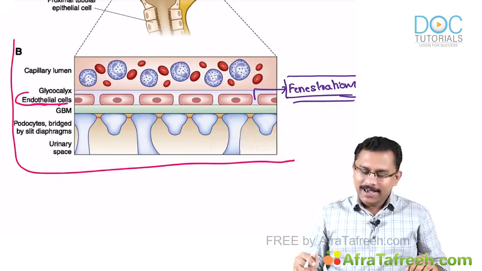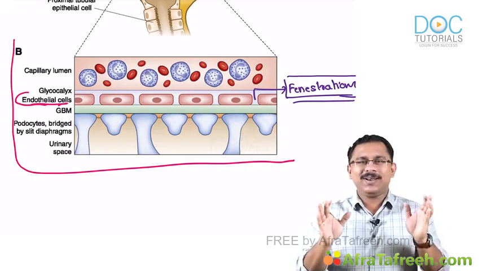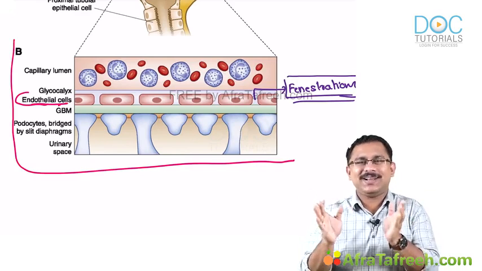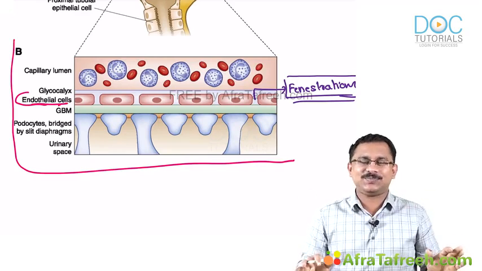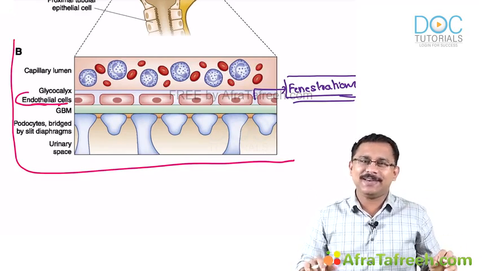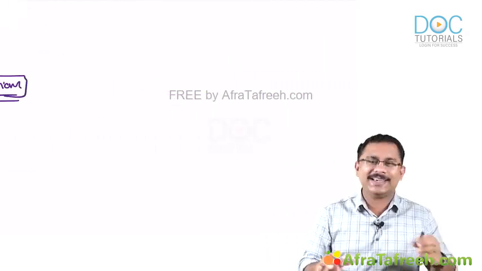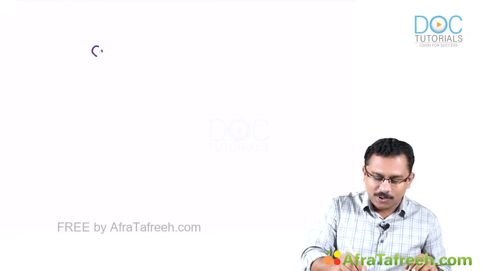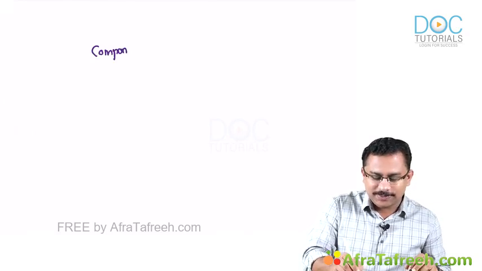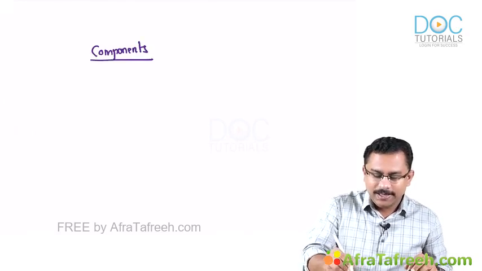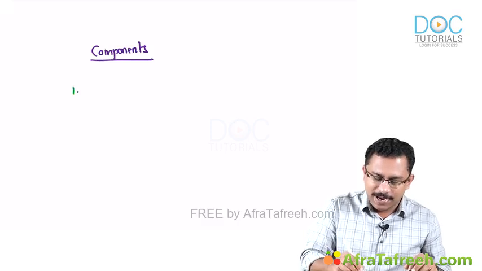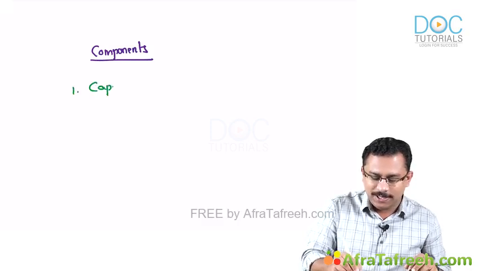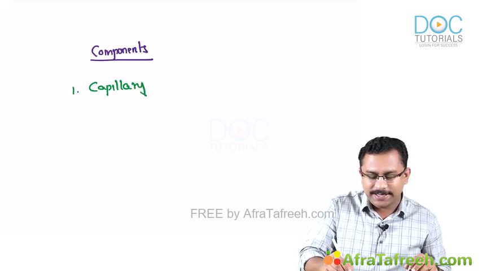Okay, and see, the glomerulus as such will be consisting of 3 layers, or you can say 3 components. So what are the components of the glomerulus? Number 1, you have the capillary endothelium, which we have already seen.